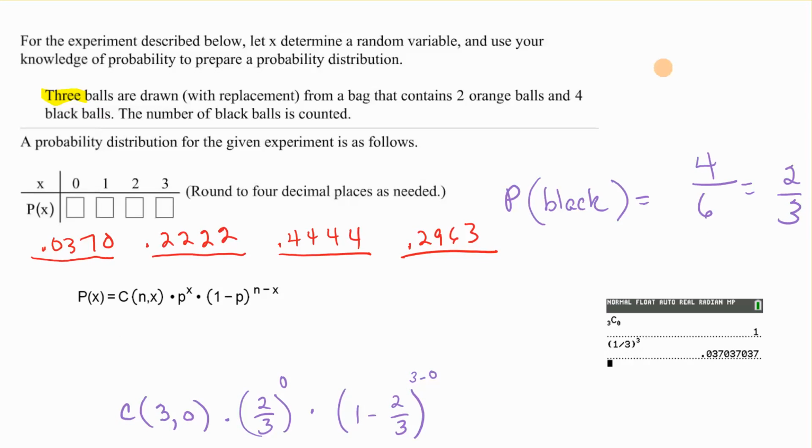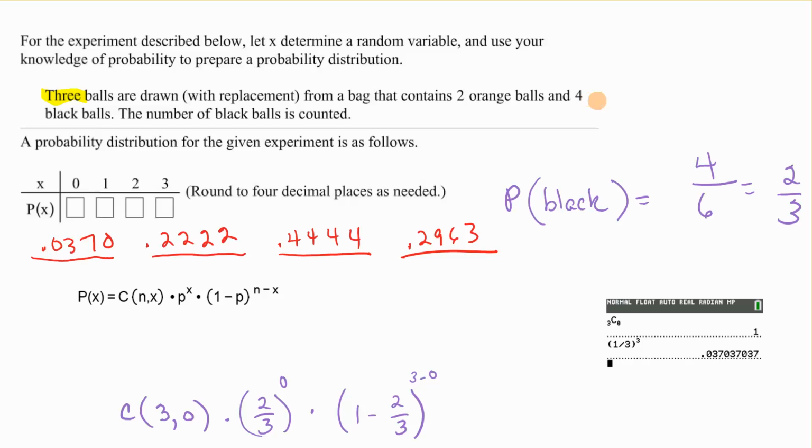For the experiment described below, let x determine a random variable and use your knowledge of probability to prepare a probability distribution. This is a little bit longer for this one question, but it's not too bad. 3 balls are drawn with replacement from a bag that contains 2 orange balls and 4 black balls. How many do we have total?